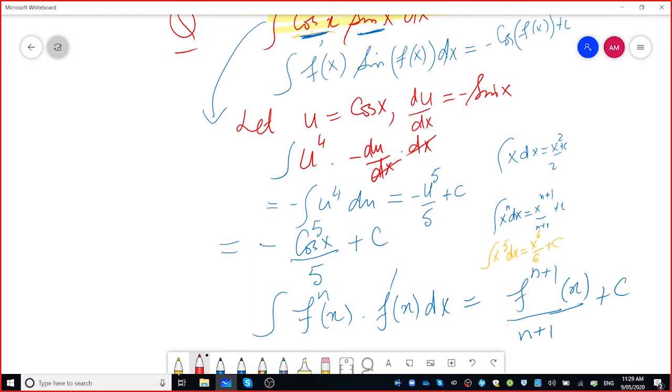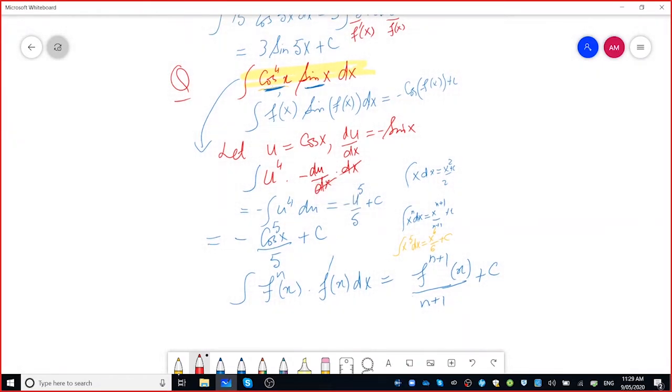So it's the same thing. Let me just zoom it a little down so that you understand. So what is f(x) in this case, comparing it with our original formula? In the original question, f(x) is cos x. What is f bar x? Sine x. No, it should have been minus, because the derivative of cos x is minus sine x. Therefore, you have to have a minus outside.